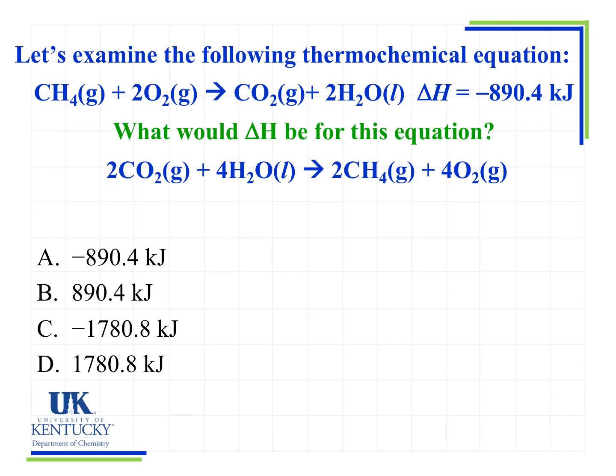Okay, so let's test what we've learned so far about the thermochemical equations in this example. So if we have this thermochemical equation, we have the reactants, we have the product, and you got the delta H, okay? What would be the delta H for this reaction?